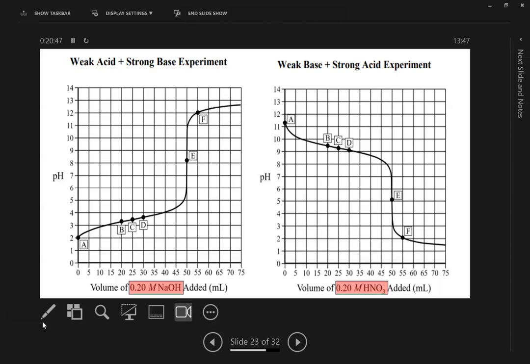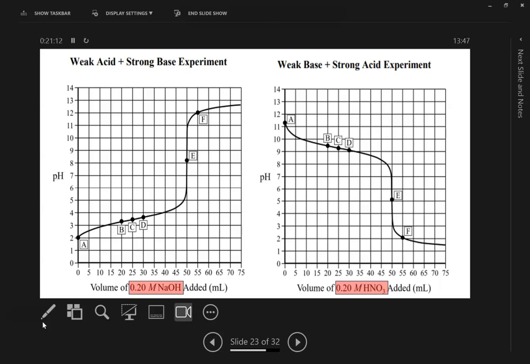The only reason it wasn't higher than that is because now we've diluted the acid by adding the base to it. Our final concentration of acid is less than what we started with because there's just a lot of water there. So our pH is approaching 13 rather than 14.